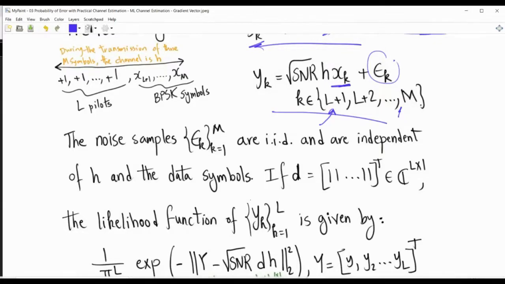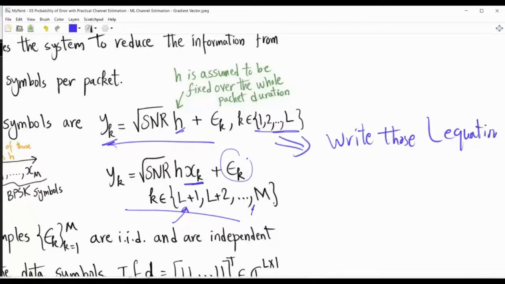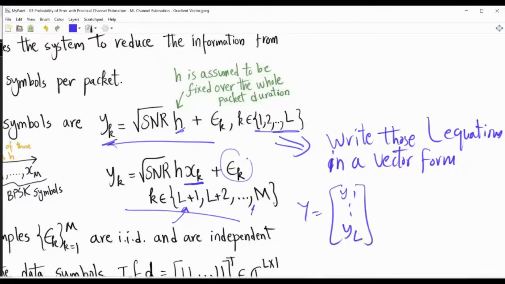So to estimate the channel, what I will do is I will write those L equations in a vector form. Okay, so I will combine those as a vector, square root SNR, and then I will have a vector of ones.